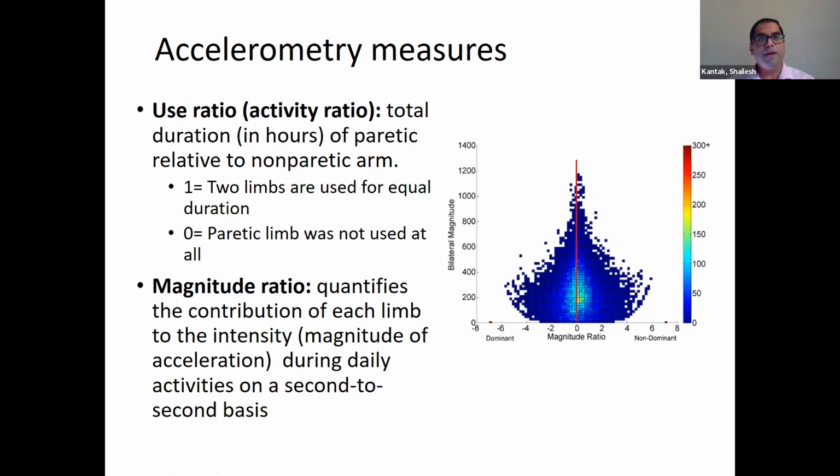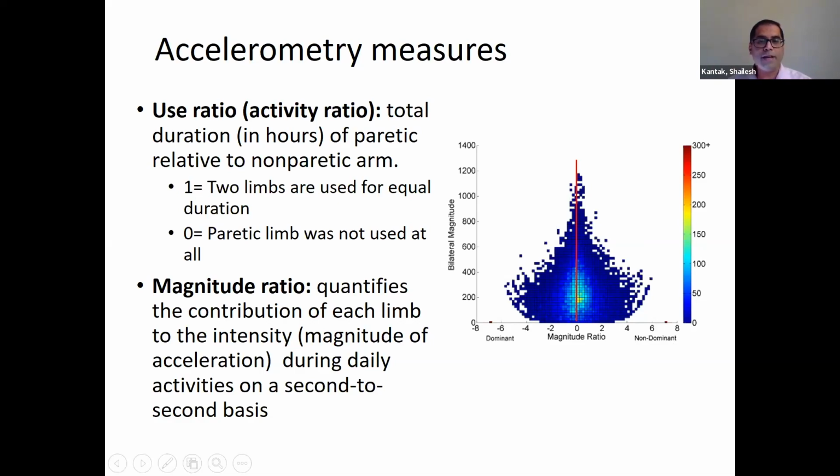Then we calculate a use ratio that quantifies the total duration of the paretic arm relative to the non-paretic arm. A value of 1 would indicate that the 2 limbs are used for equal durations, while 0 would mean the paretic limb was not used at all.